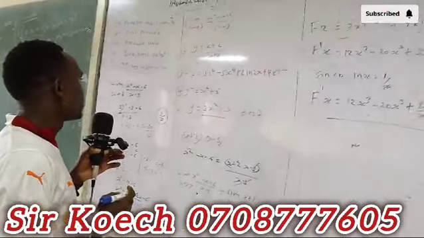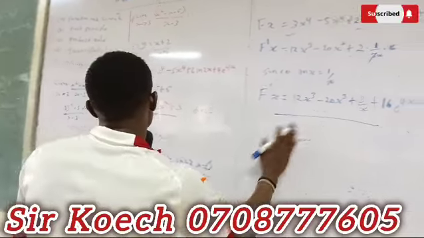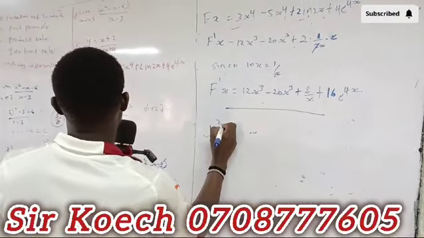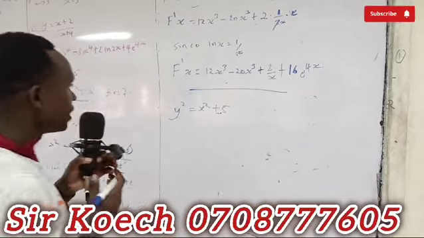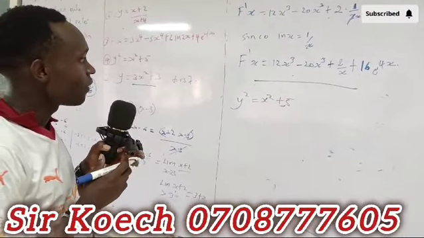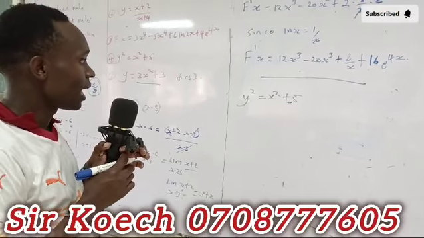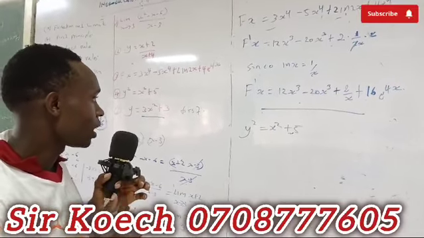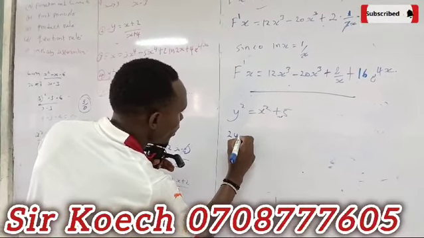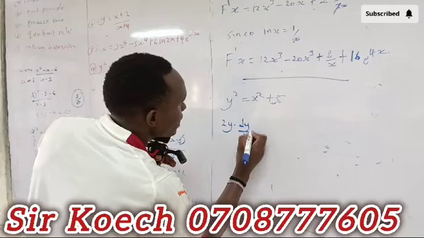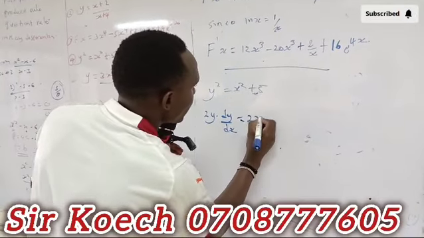Then the last one is implicit differentiation, whereby we are given y squared is equal to x squared plus 5. So in implicit differentiation, if I differentiate y, I multiply by dy over dx. So this one is 2y times dy over dx is equal to now 2x.